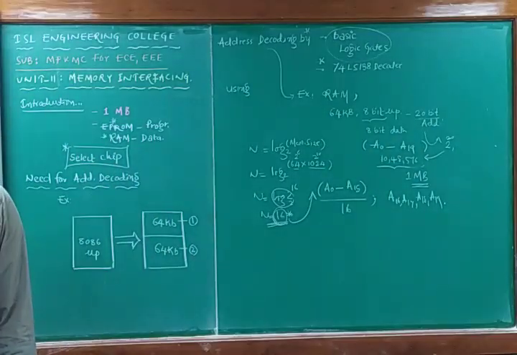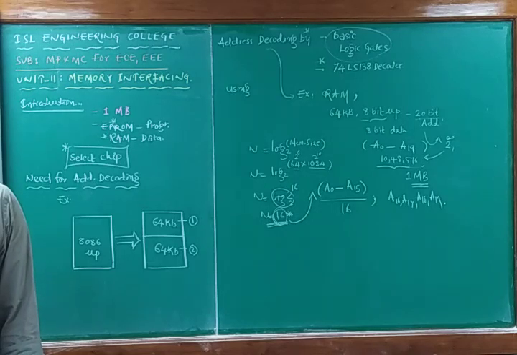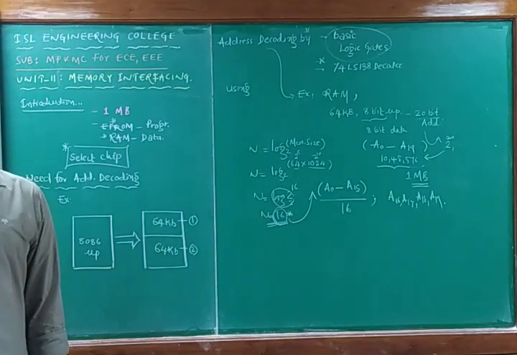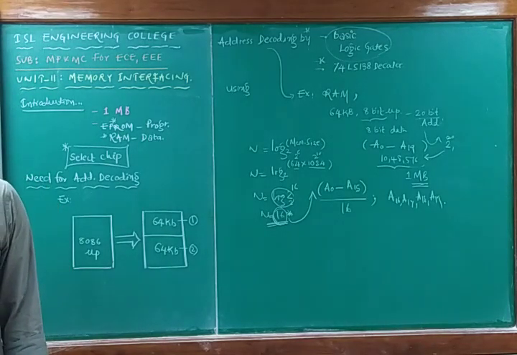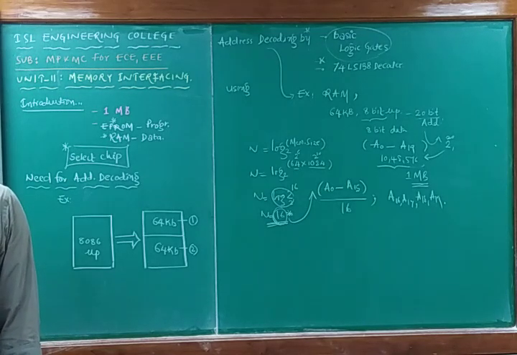Let the memory device to be interfaced with the 8086 microprocessor have the starting address of 30000H. Values on the address lines A0 to A19 are given like this.